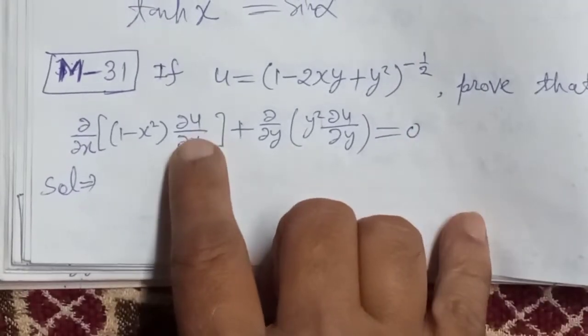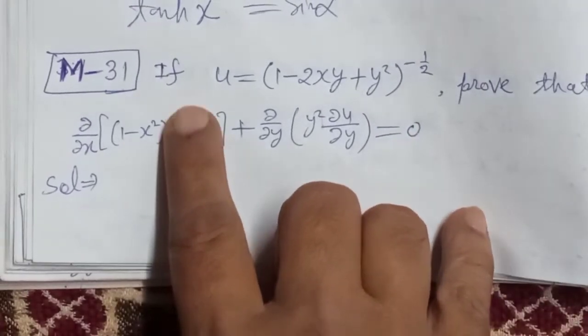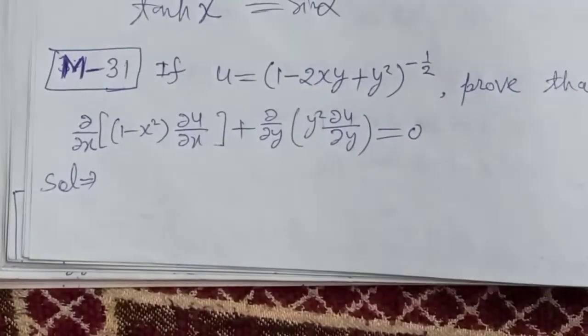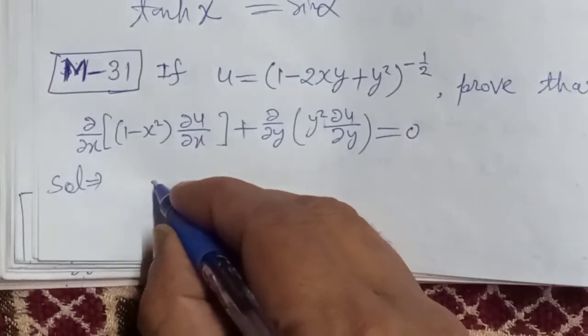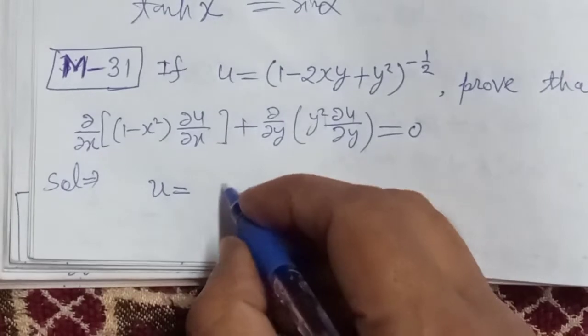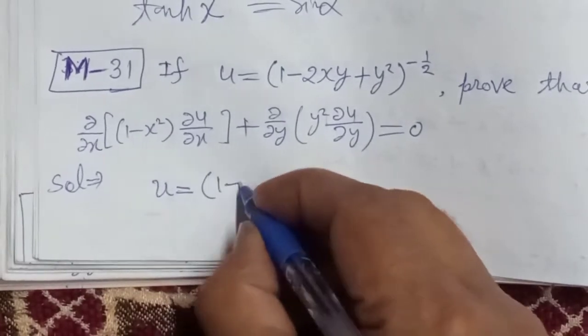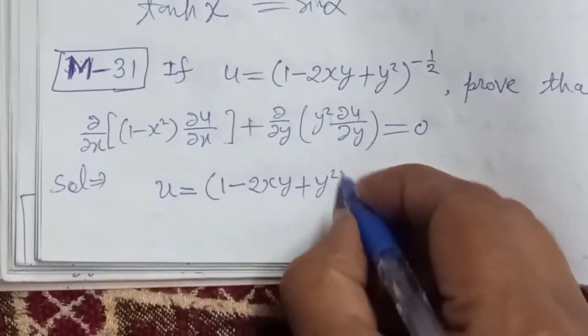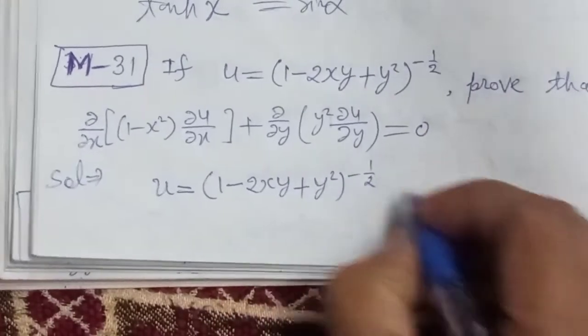First of all, we will find the value of del u over del x and del u over del y. Here u is a function of x and y, which is equal to (1 minus 2xy plus y square) to the power minus 1 by 2.